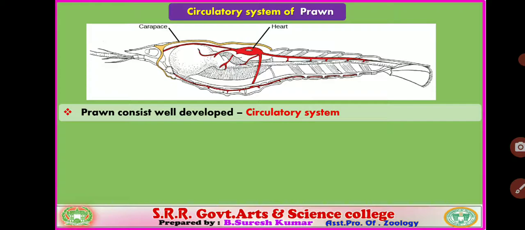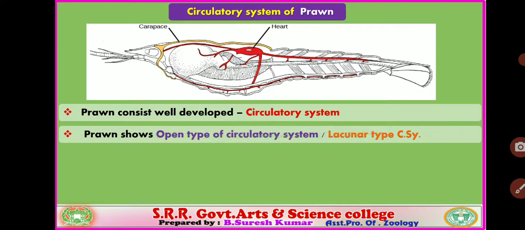Why? Because it appears partly as closed type and partly as open type. So ultimately the vascular system of the prawn is termed an open type of circulatory system. Very important. It is also termed a lacunar type of circulatory system.